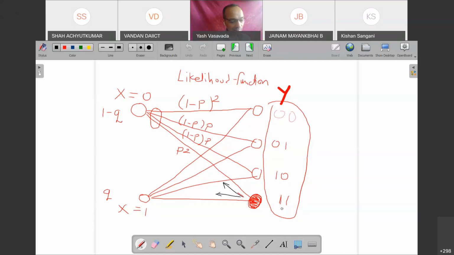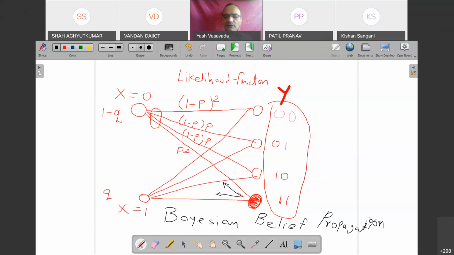We will be going into that particular topic later in this semester, and it is called, I'll write it here, Bayesian belief propagation. What you're describing can be called propagating your belief.